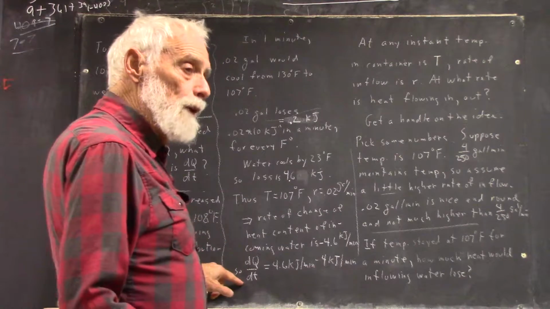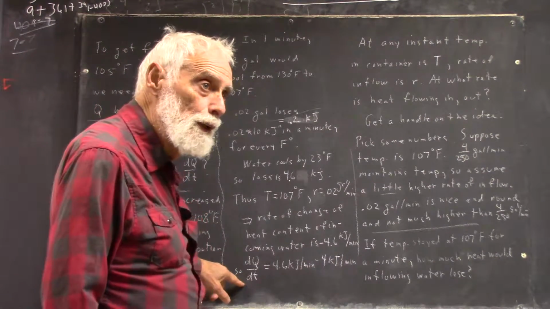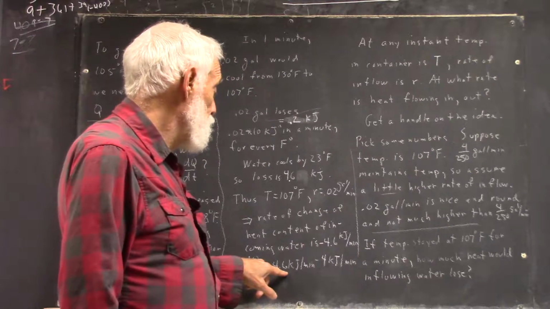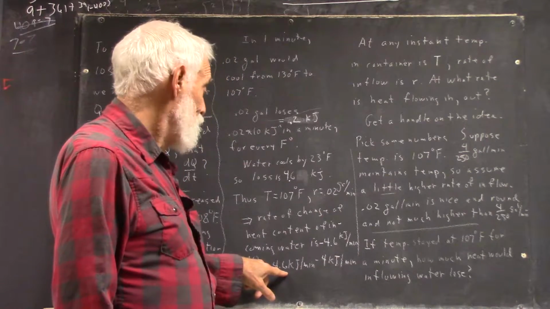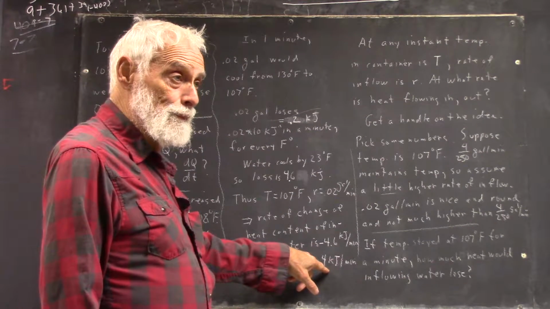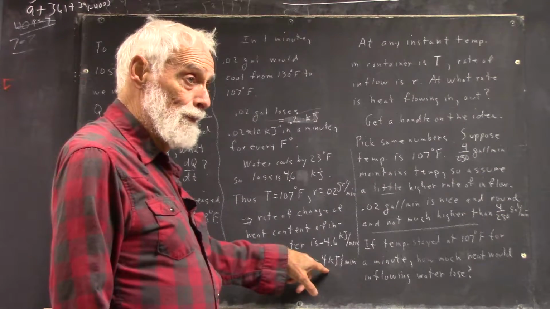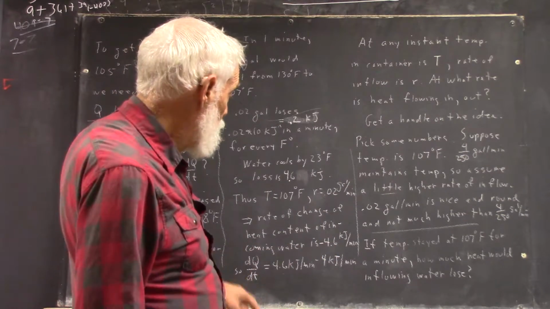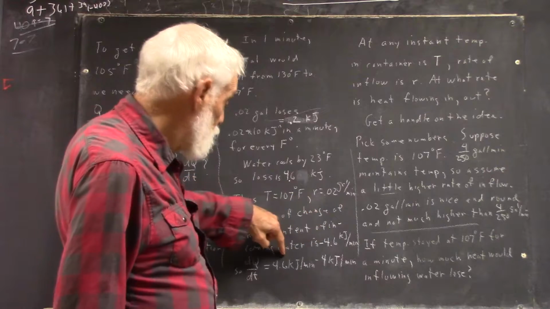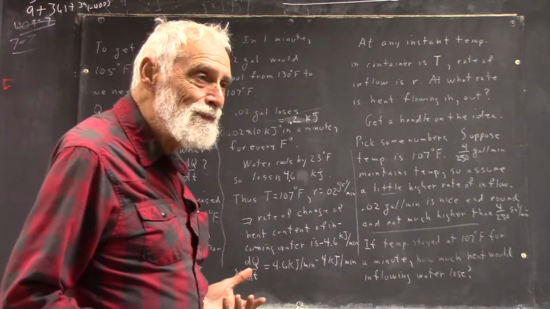So your rate of change now, your dQ/dt, so we're starting to approach a differential equation here, is 4.6 kilojoules per minute, minus the 4 kilojoules per minute that you're losing to the surroundings. Again, to be clear, incoming water loses this. Where does it go? It goes into the water in the container, which of course includes the incoming water.